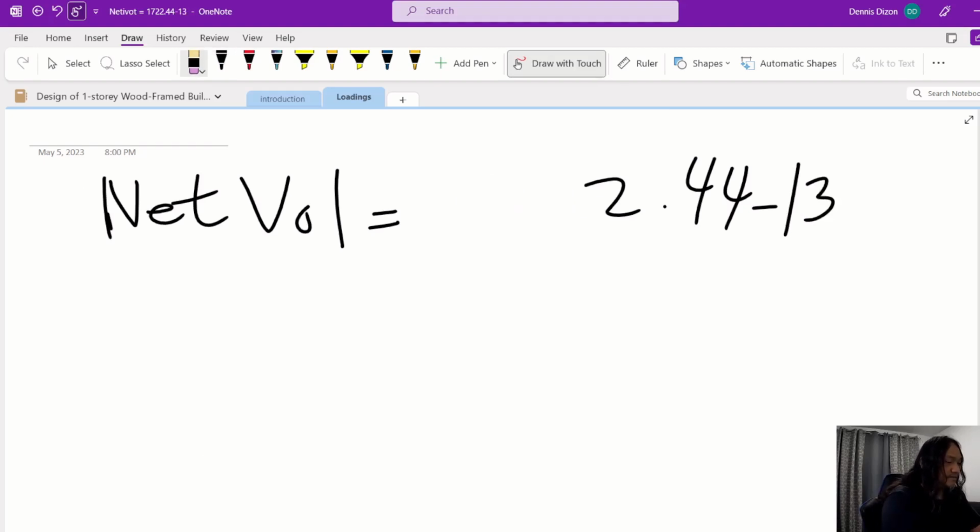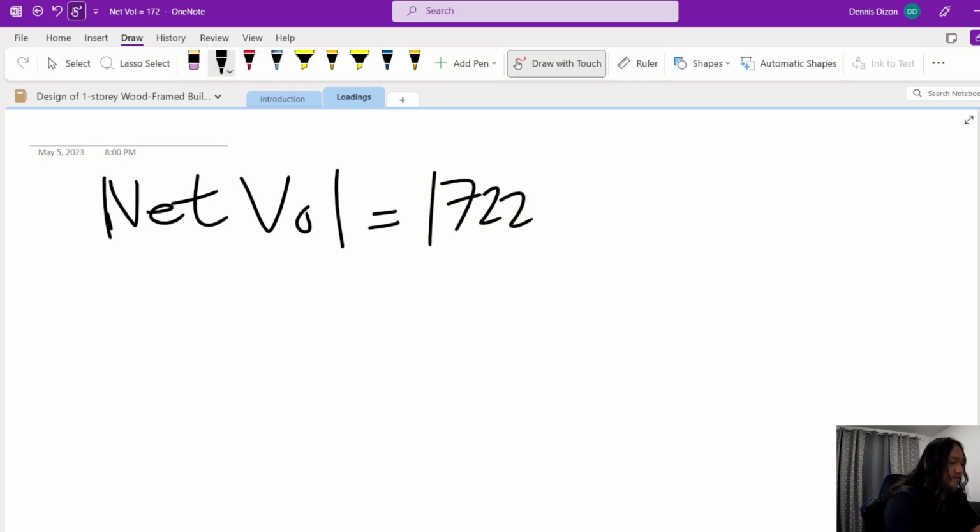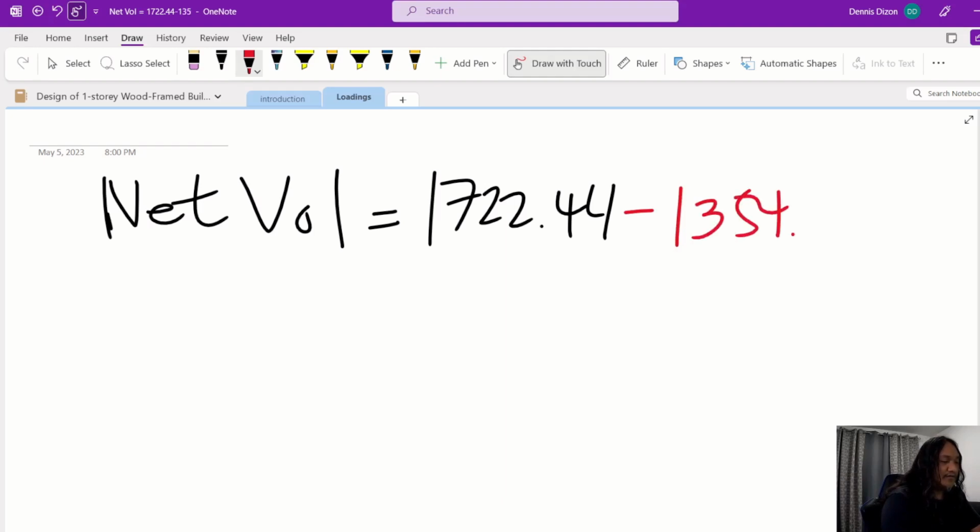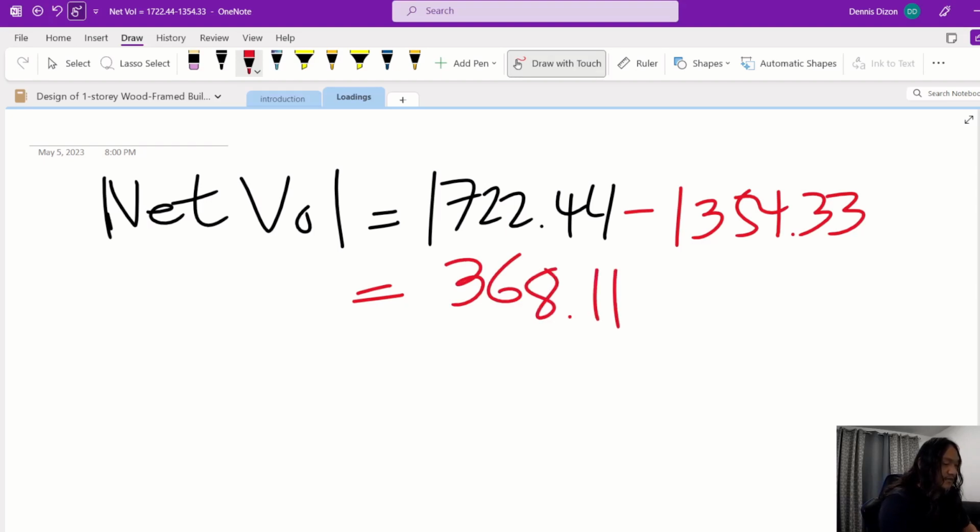Let's check. 1722.44 minus 1354.33. This is 368.11 cubic feet.